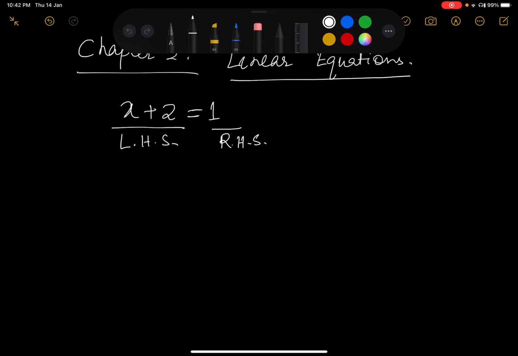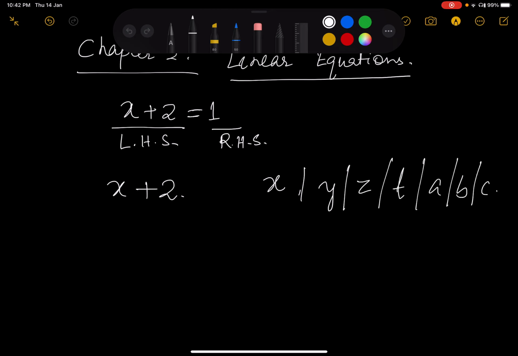When we talk about an expression, it means, for example, if I write only x plus 2. In algebraic expressions, we use letters like x or y or z or t or a or b, any of them, for the unknown quantity or unknown number.